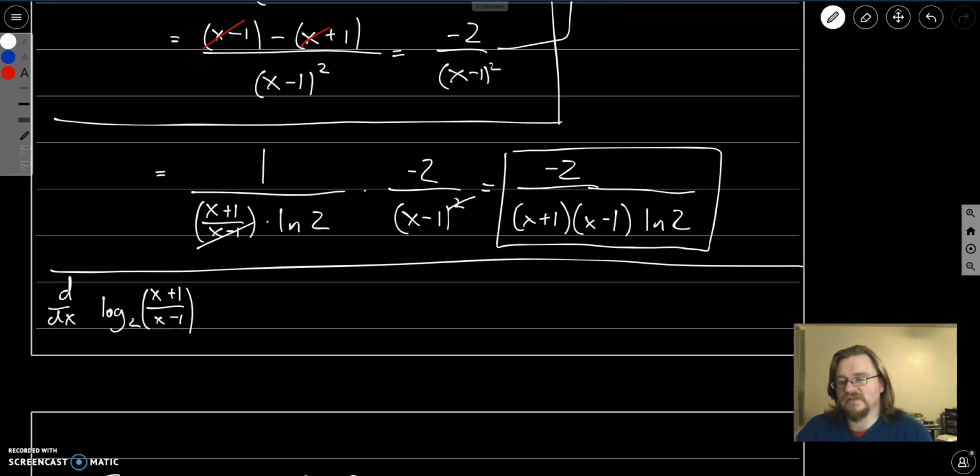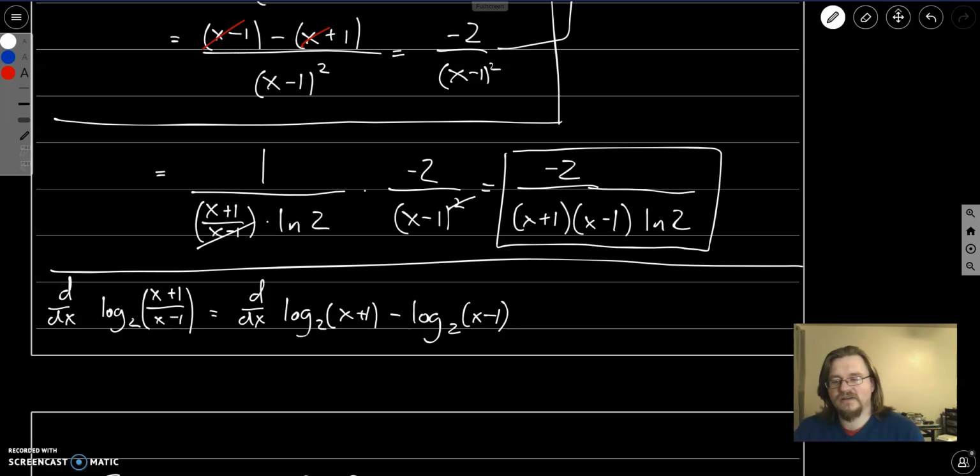This can be pulled apart into 2 separate logarithms because we know our rules of logarithms. And if we subtract logarithms, we end up dividing their insides, dividing what's on the inside of these functions. So this right here is going to be a lot simpler to take the derivative of than this guy with this nasty quotient rule on the inside.